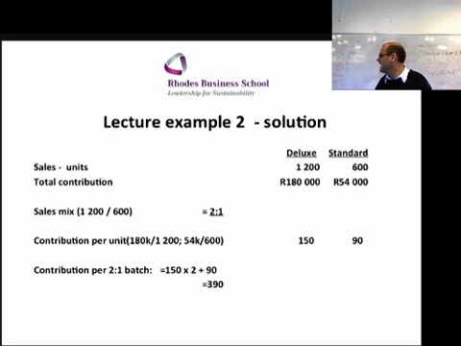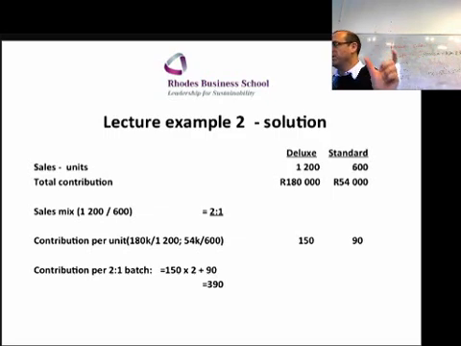That's going to be 2 contributions from deluxe, i.e. our 2 times 150, and we're only going to have contribution from 1 standard. All right, so our contribution per batch is going to be 390 Rand. So now we're no longer working on 2 separate products.